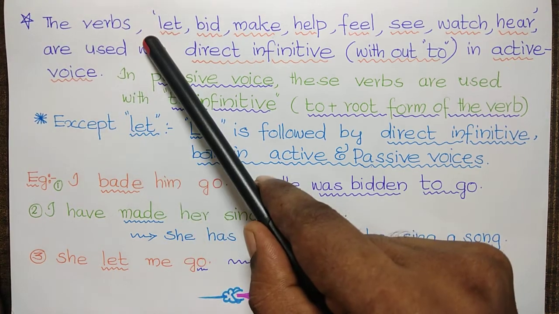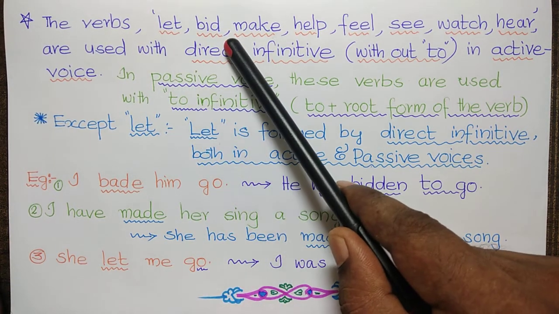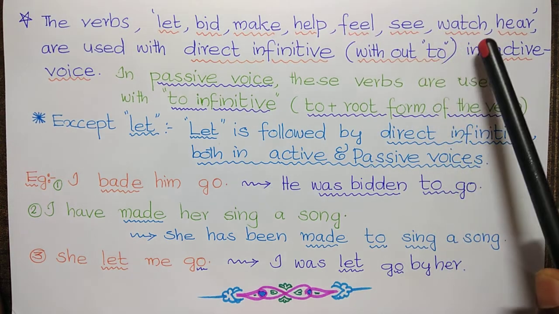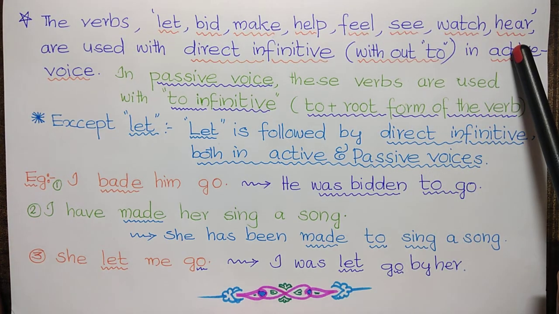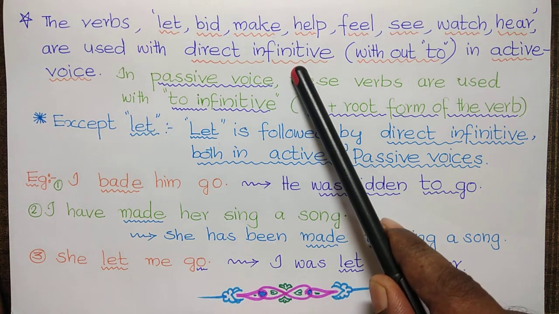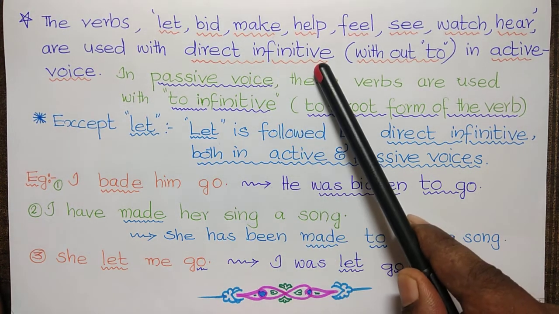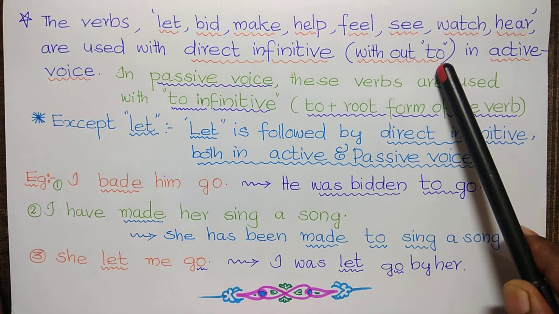Next, the verbs let, bid, make, help, feel, see, watch, hear are used with direct infinitive in active voice. Direct infinitive means without to.